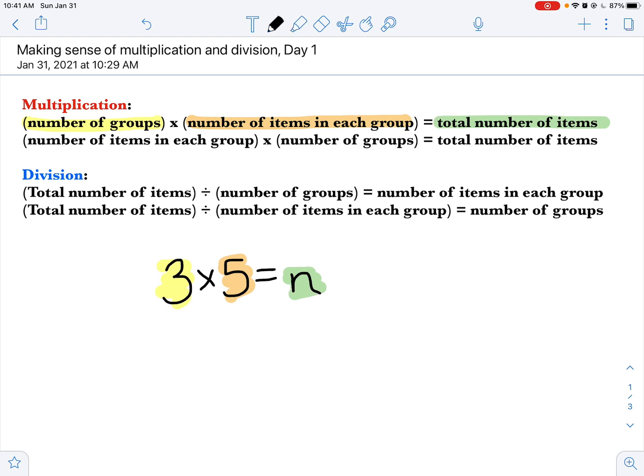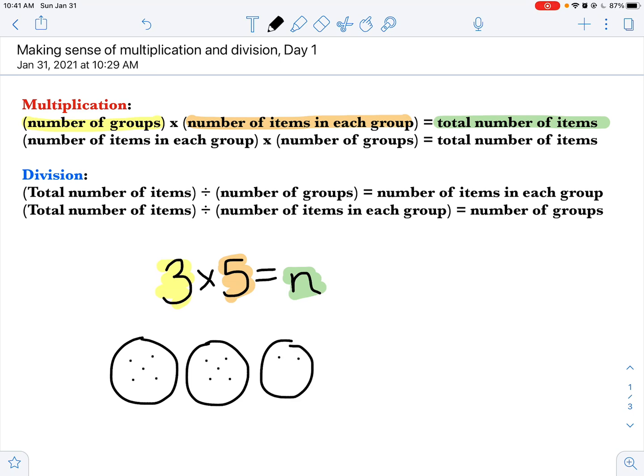And that would look like this. I have 3 groups, 5 items in each, and n would equal my total number of items, or 15, because I can go 5, 10, 15.